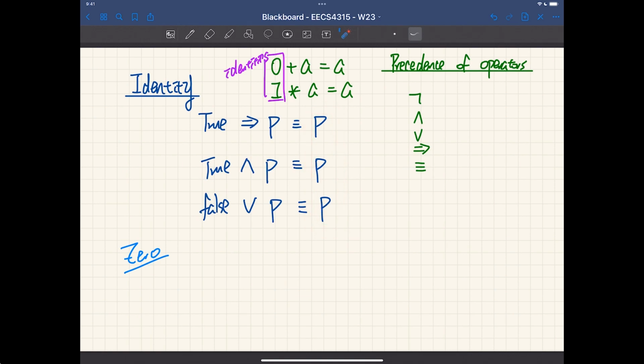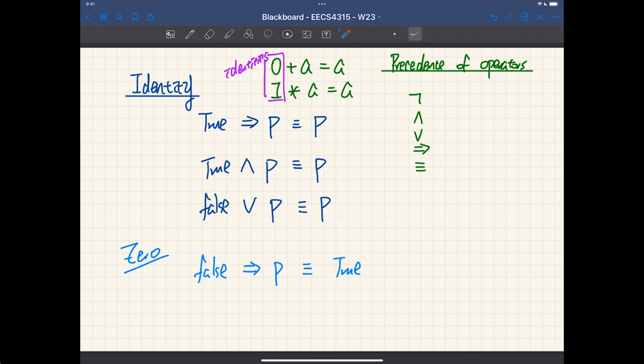That's called a 0 property. The one that's listed in your slides is the 0 property for implication. I'll write it down here. So false implies P is always, no matter what, true. That's the 0, which means the consequence over here has no effects.